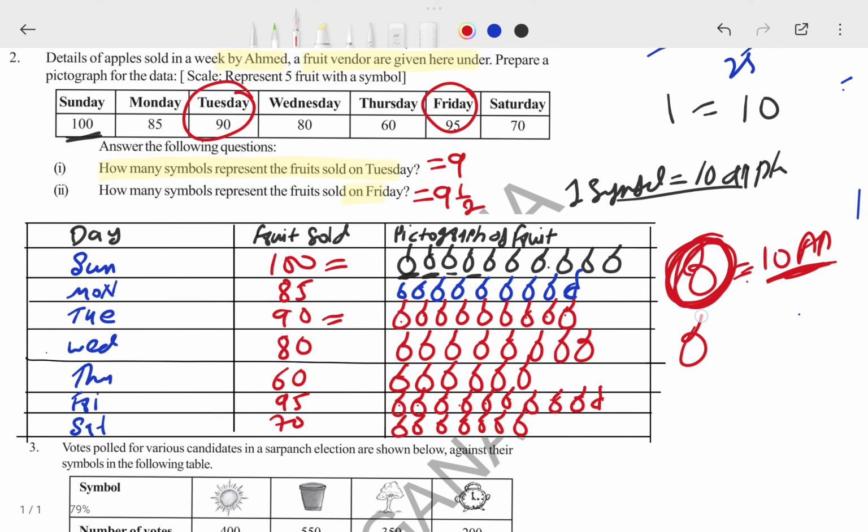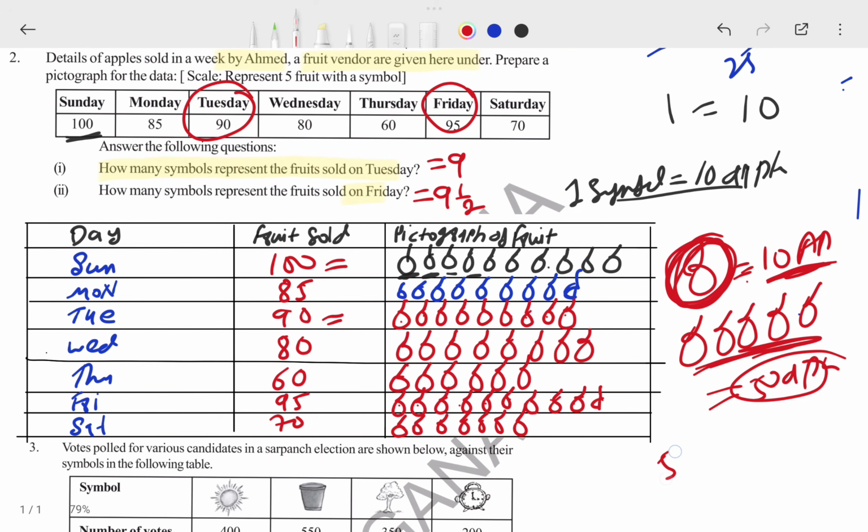If I make 5 apple pictures, it means this is equal to 50 apples. Simple. For making 50 apples, we cannot make 50 separate apples. But if one apple symbol is equal to 10 apples, we can make it like that.